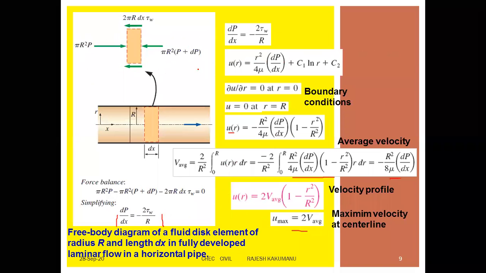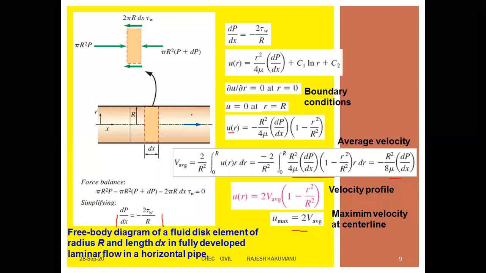We note that dP by dx is equal to constant, and integrating from x equals x1, where the pressure is P1, to x equals x1 plus L, where the pressure is P2. Therefore, dP by dx is equal to the change in pressure delta P, that is P2 minus P1 by the length of the pipe L.